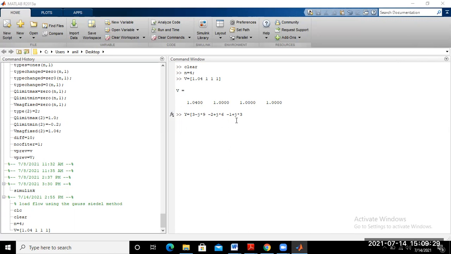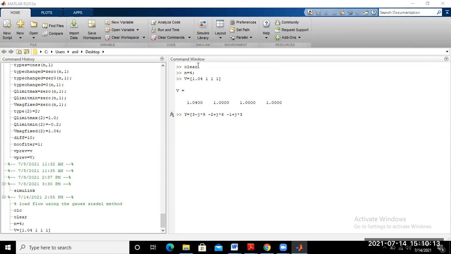Yes, sir. I have already explained, admittance of the matrix depends on the number of buses in a system. So whatever the number of buses in your system, that is your admittance matrix order. If suppose you consider n equal to 3, that means your admittance matrix is 3 into 3. If you consider a system with n equal to 5, that means your admittance matrix order is 5 into 5. So admittance matrix is decided by the number of buses in your system.